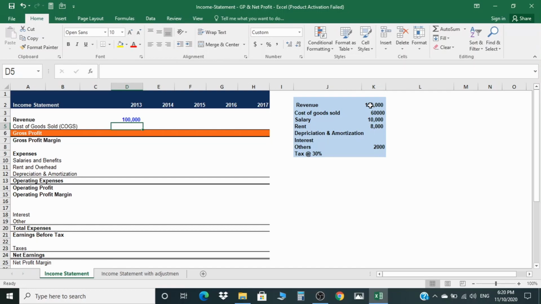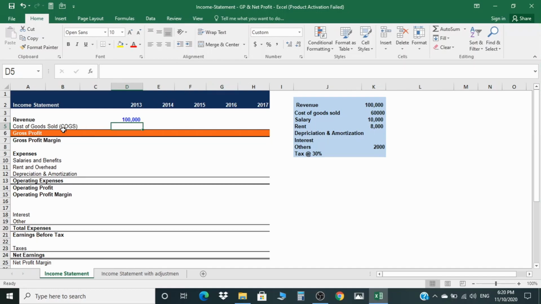Then it's a simple formula. If you wanna see your profit or loss, you go for the income and deduct all the expenses, right? And whatever is left, that means it's your profit, right?